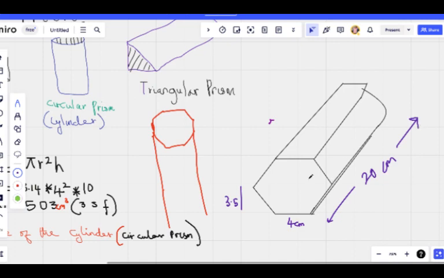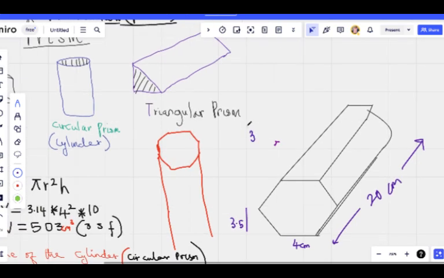Now they say calculate the volume of this question number 3. Calculate the volume of this hexagonal prism. Calculate the volume. So can we take a look at this?